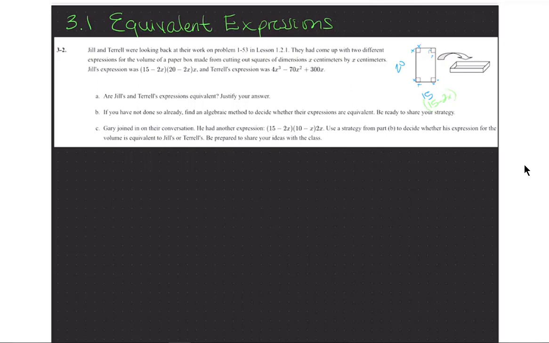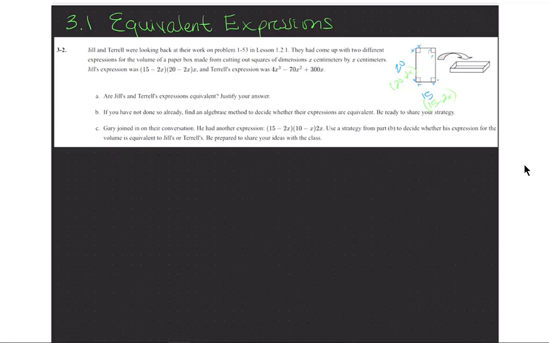And the same is true for the length of this one. It used to be 20, but we cut off x and we cut off x. So this side would now be 20 minus 2x. And then the height of our box is going to be our x, whatever it is that we cut off.